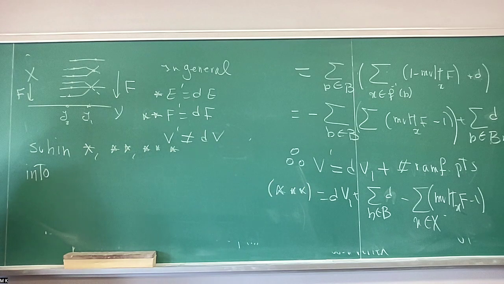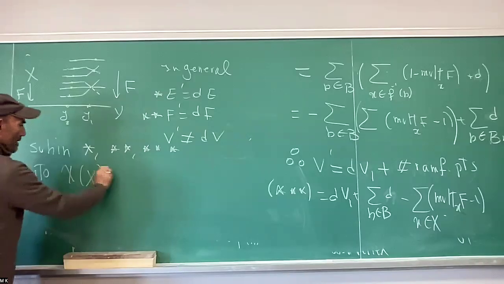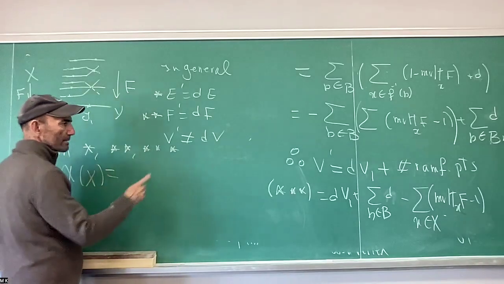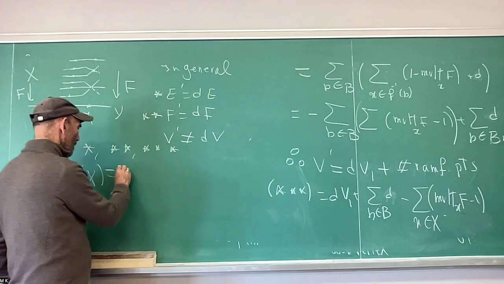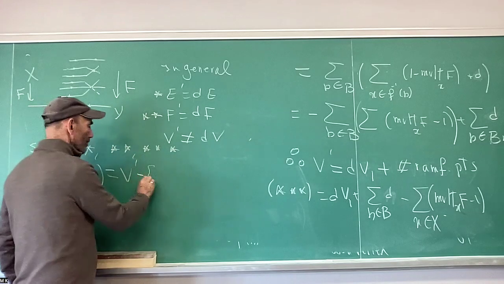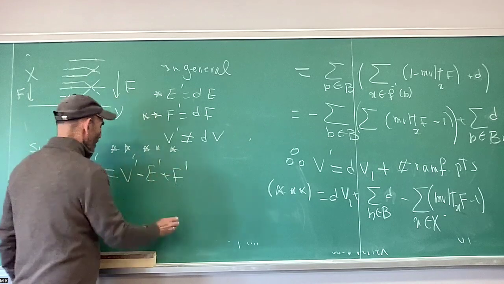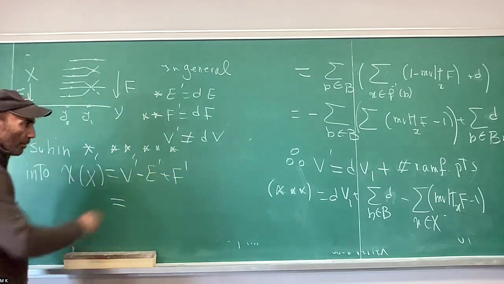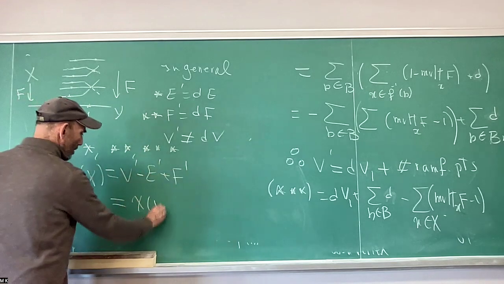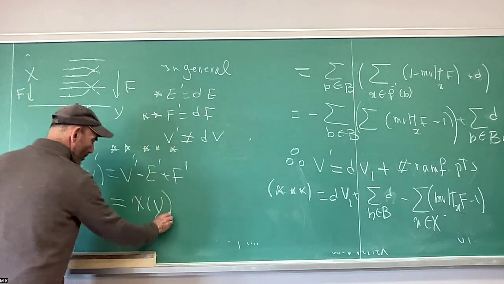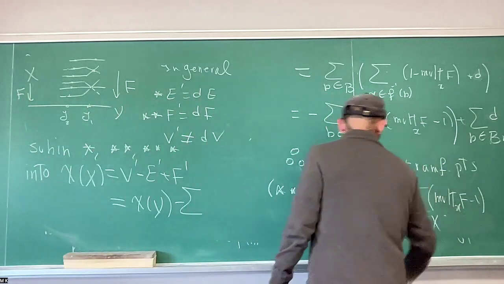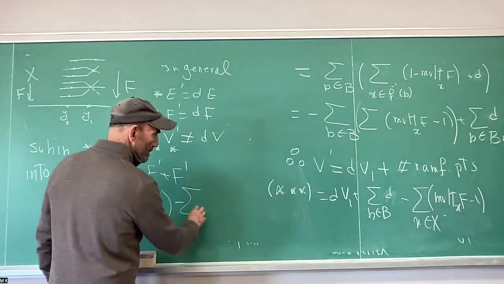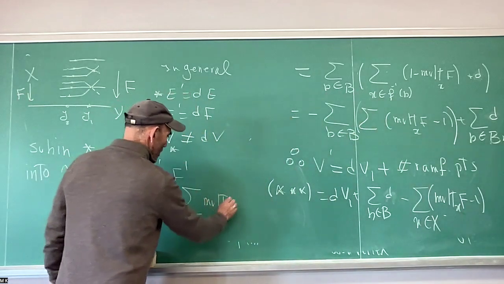I just have to be careful again with my formula: the Euler characteristic of X is equal to, I'm just using prime for the domain, so V prime minus E prime plus F prime. Then you get this is equal to the Euler characteristic of Y minus the sum.